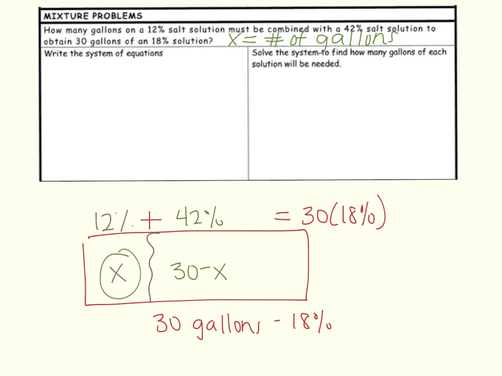So let's go back up here. 12% as a decimal is 0.12. So 0.12 of some number of gallons plus 42% as a decimal is 0.42 of the remainder, which is 30 minus x, is the same as 30 gallons at 18%, which is 30 gallons times 0.18.